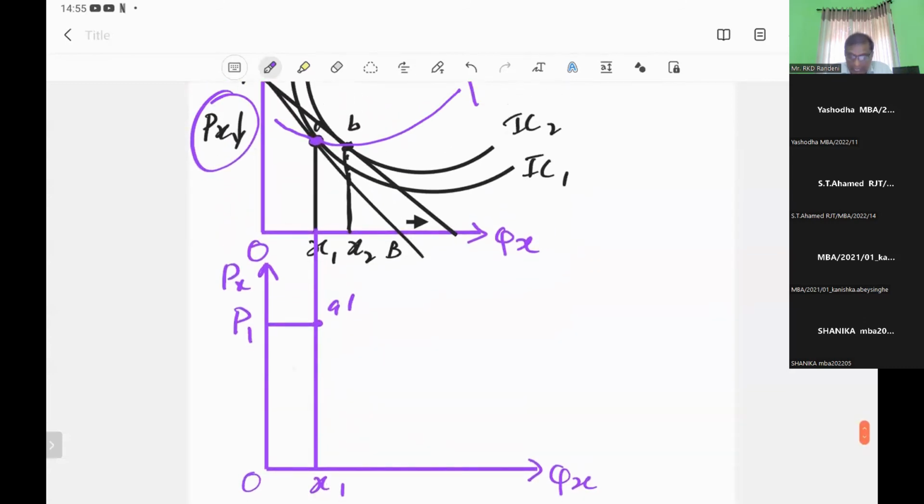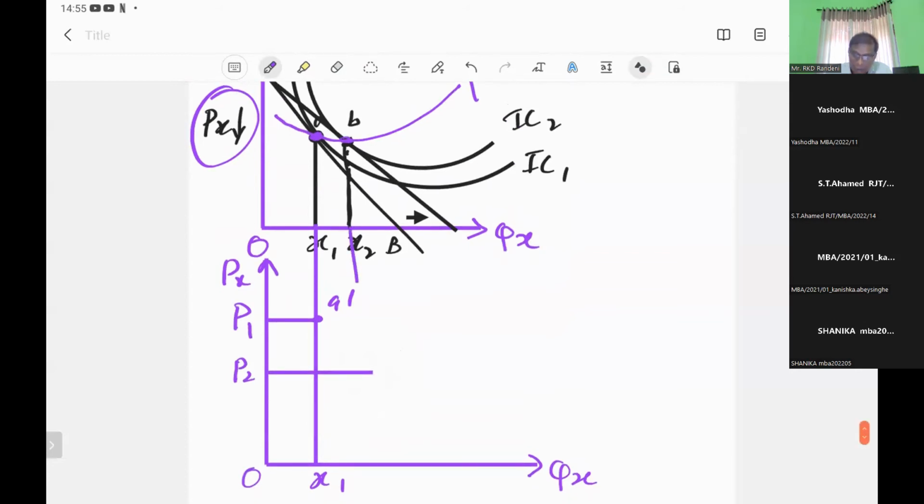Now, the price changes. Assume that the price is reduced up to P2, then the consumer can buy more of X. Right.